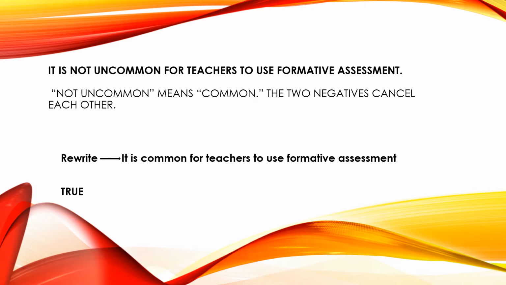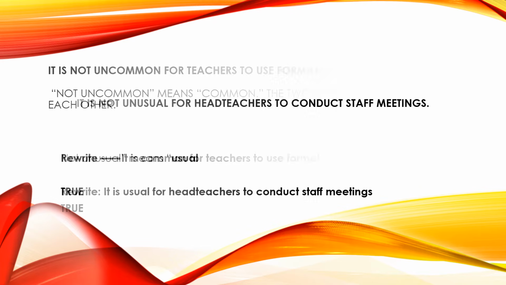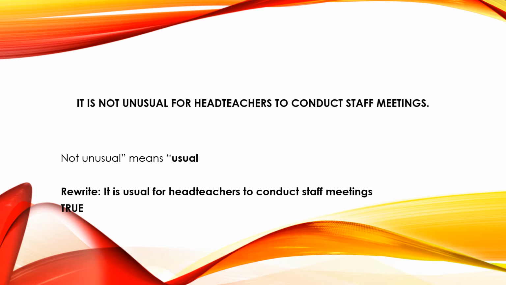Now let's go. It is not unusual for head teachers to conduct staff meetings. So again, we have two negatives here, not and unusual, and it means what? Usual. When we replace not unusual with usual, let's see how the statement is going to be.